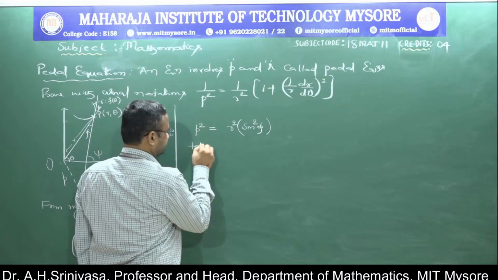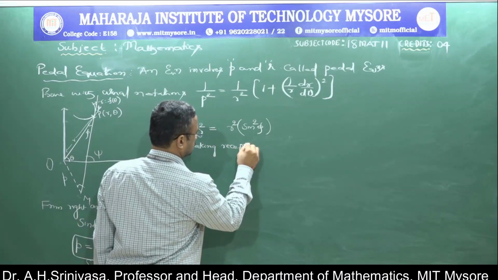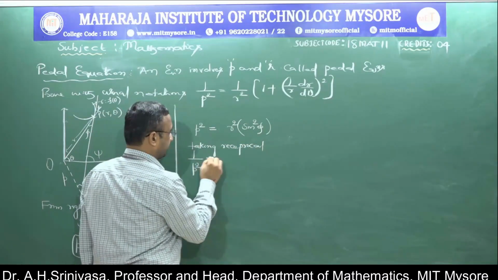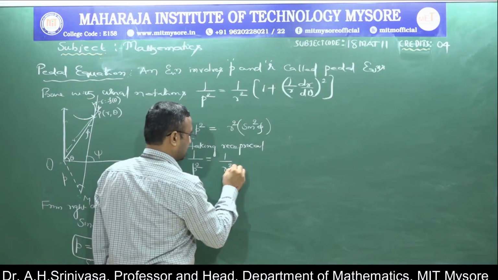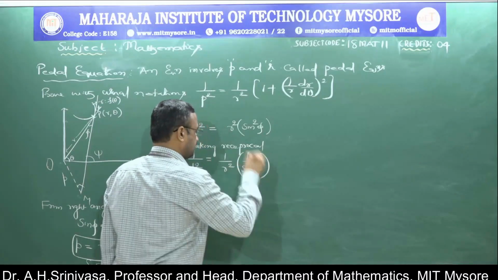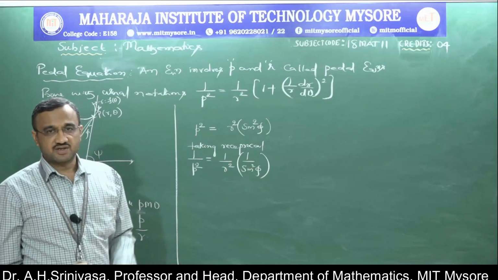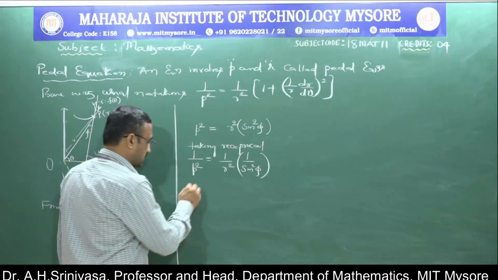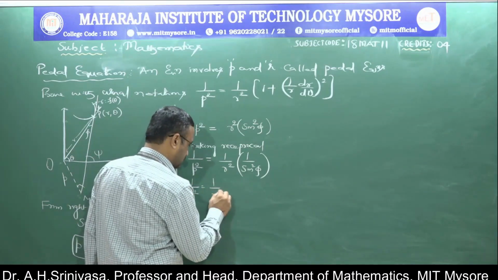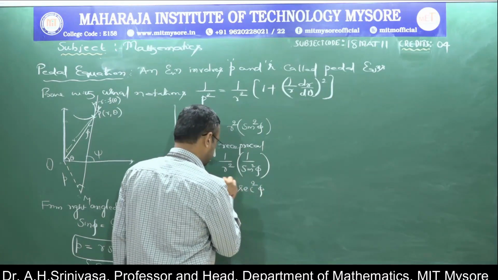Taking the reciprocal, 1 by p square equals 1 by r square, then 1 by sine square phi. We know that 1 by sine square can simply be written as cosecant square phi. So 1 by p square equals 1 by r square into cosecant square phi.